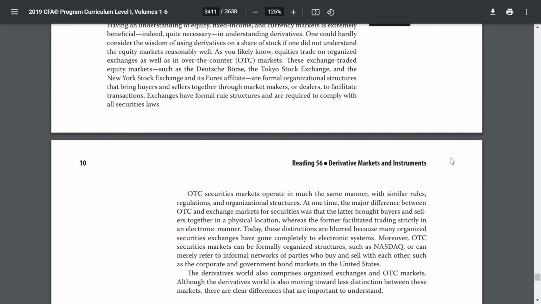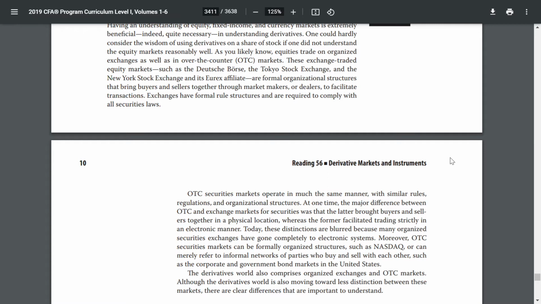As you likely know, equities trade on organized exchanges as well as in over-the-counter markets. These exchange-traded equity markets, such as the Deutsche Börse, the Tokyo Stock Exchange, and the New York Stock Exchange, are formal organizational structures that bring buyers and sellers together through market makers or dealers to facilitate transactions.